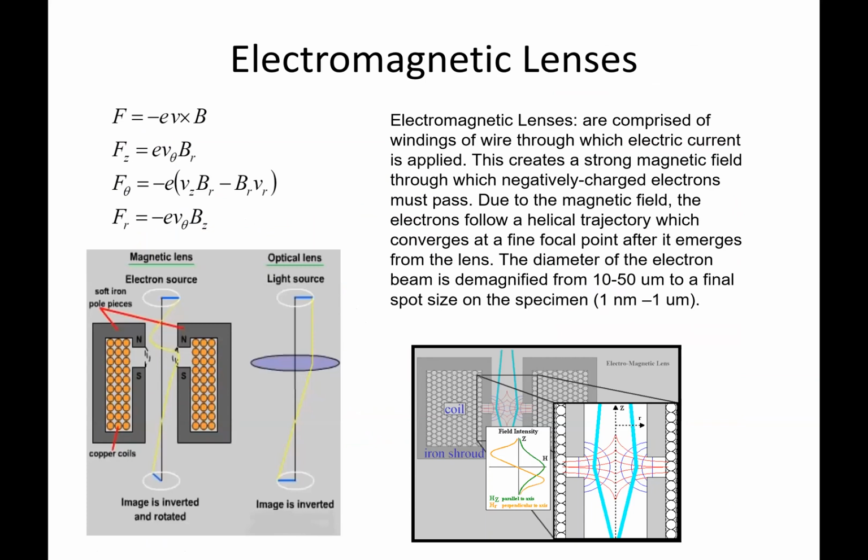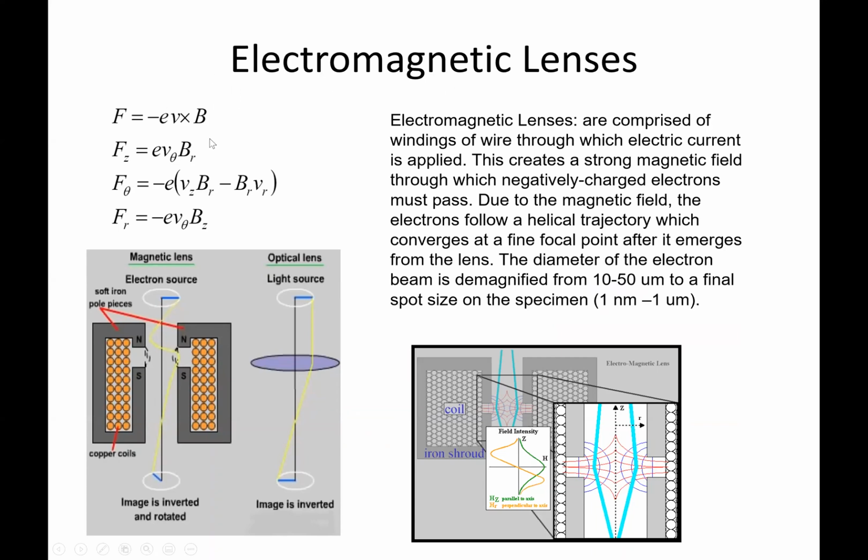Like I said, once these electrons come out from the gun, we need to control them, right? We need to focus them, or scan the beam to see the images. How can we control these electrons? I think you learned about the Lorentz force.